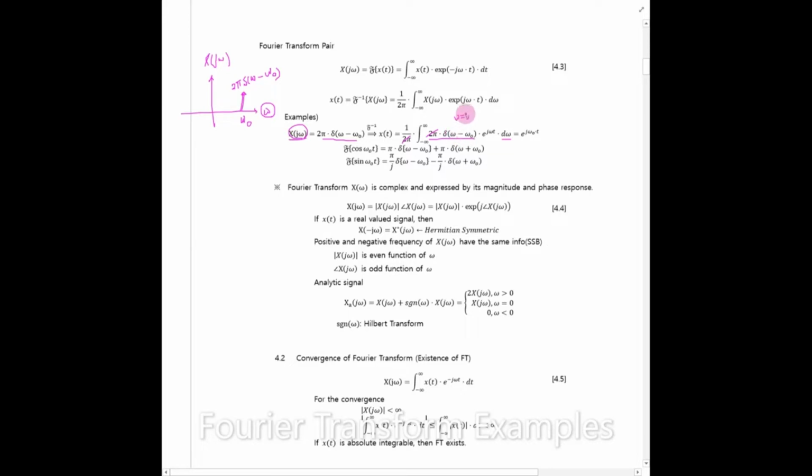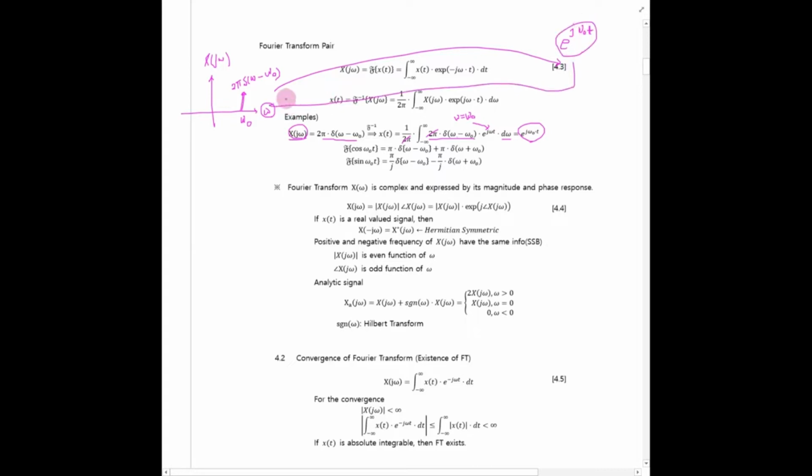All the other ω are 0, so ω is replaced by ω0. That becomes this one. So it means that the inverse Fourier transform of this one is e to the jω0t. Then the Fourier transform of this one is this one. So this is a Fourier transform pair.